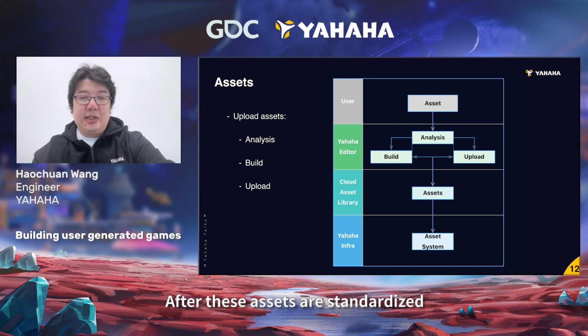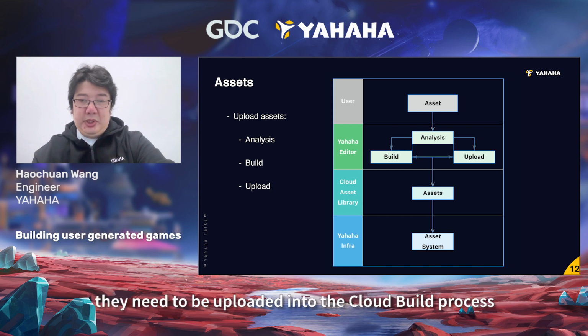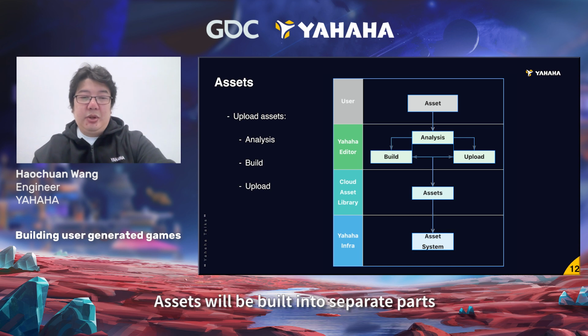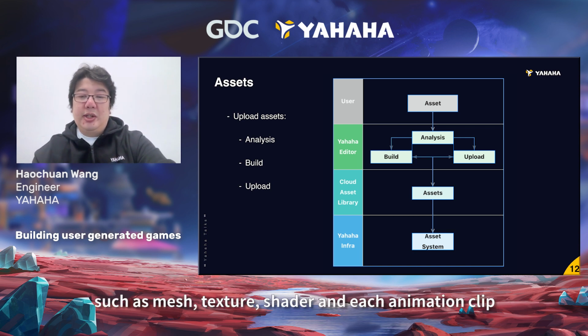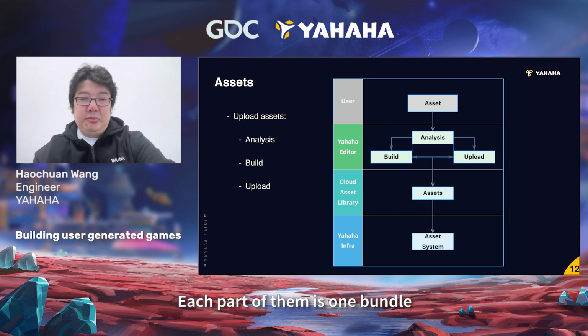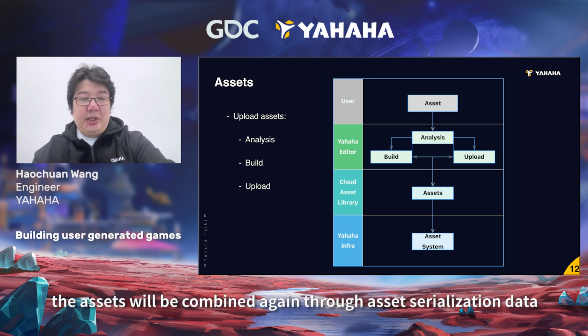After these assets are standardized, they need to be uploaded into the cloud build process. Assets will be built into separate parts, such as mesh, texture, shader, or each animation clip. Each part of them is one bundle. During the runtime, the asset will be combined again through the asset serialization data.